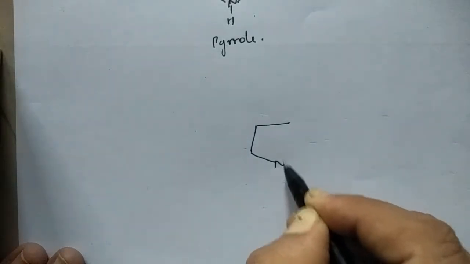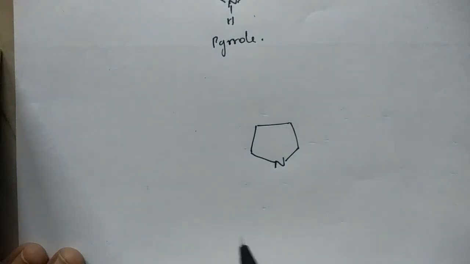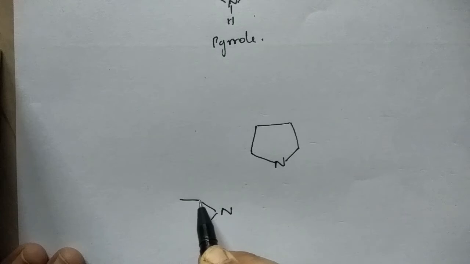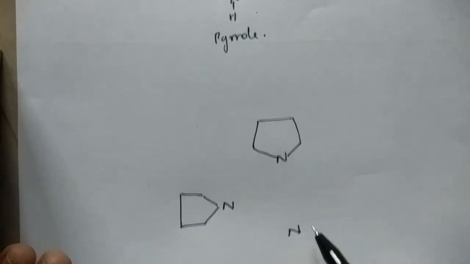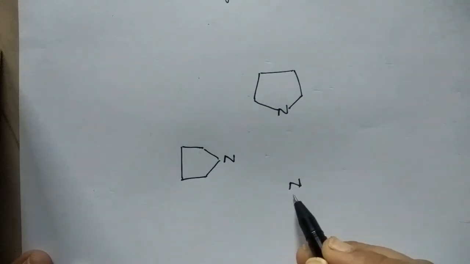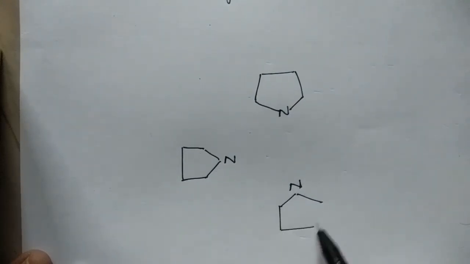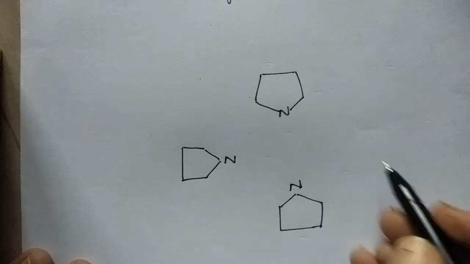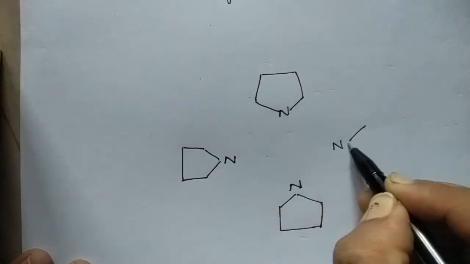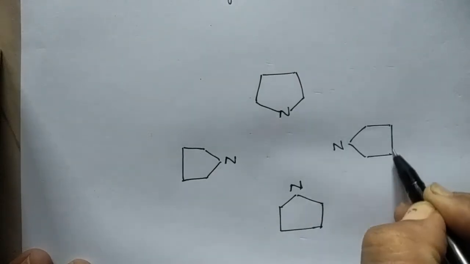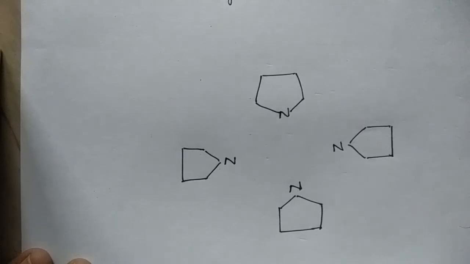You have one pyrrole, and to the center you're going to have the heme. So we have the next pyrrole, and the next pyrrole, and the next pyrrole. So these are the 4 pyrrole rings.